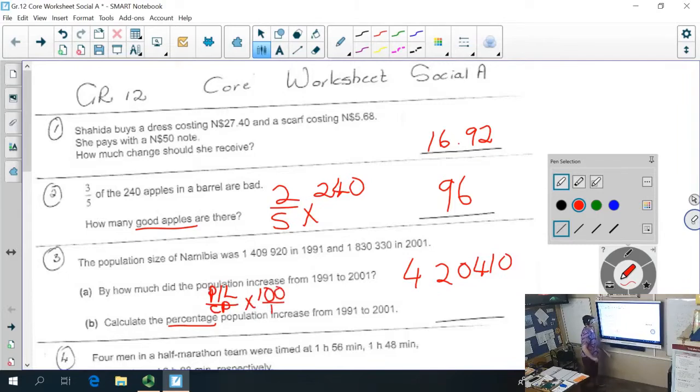Always on the cost price. So it will be this profit on which one? 1991, isn't it? On the original one. This is the original one times 100/1. And I have 29.8%.